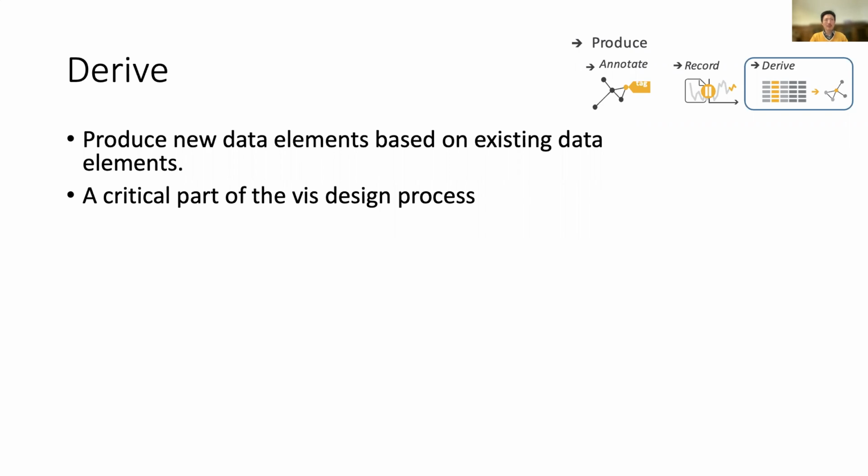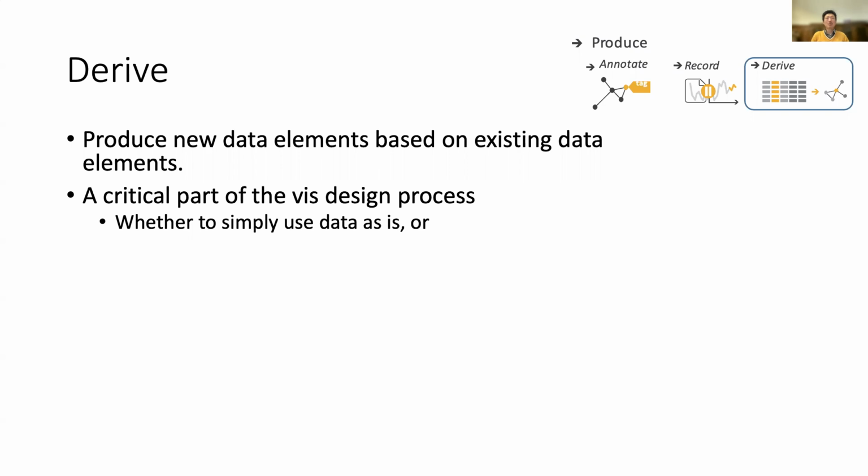First, I just want to say it's quite an important part of the design process, because an important part of the design process is designing what data to use and how to use it. For example, you have the car data set, you have many attributes, and the first thing you need to decide is which attributes to use and which not to.